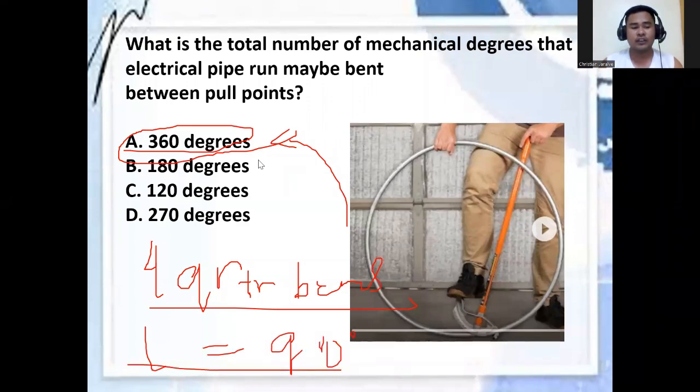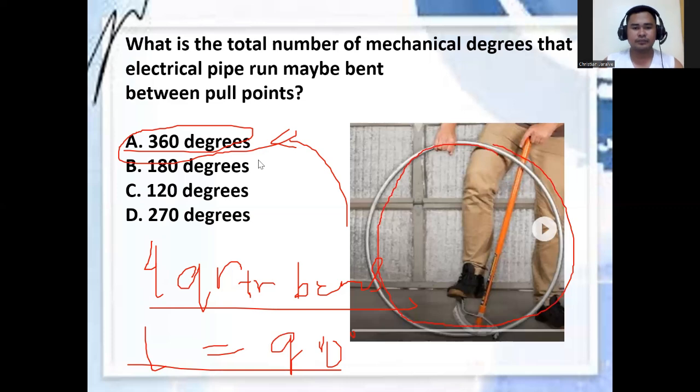So every quarter is 90 degree bend, and 4 quarter bend is equal to 360 degrees, and that becomes the complete mechanical degree of an electrical pipe run. Ito yun, no? Tingnan nyo dito yung ginamit niyang isang nagde-demonstrate siya. Yan po yung how to make it.